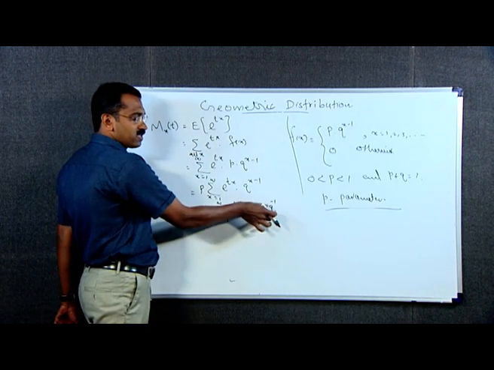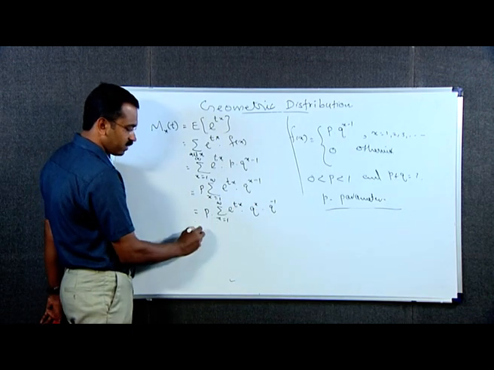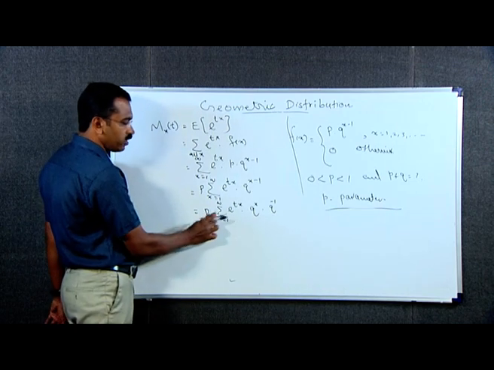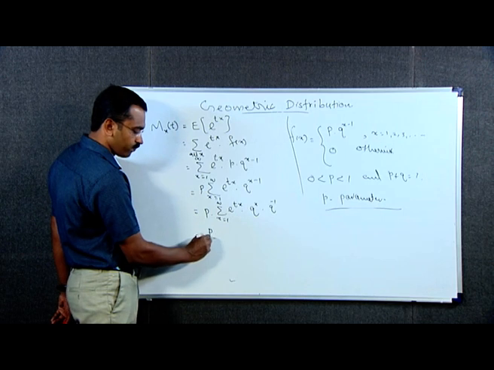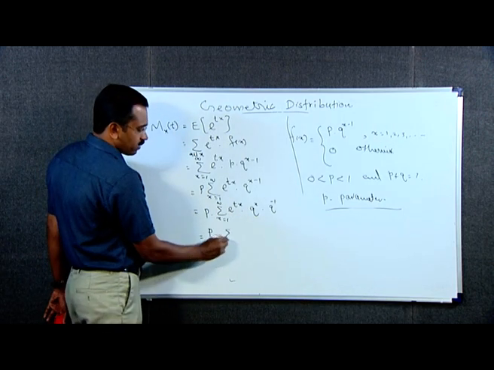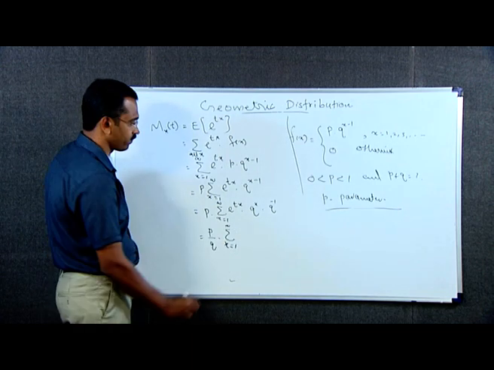Therefore, this q raised to minus 1 is independent of x. That term can be taken outside of this summation. We get p into q raised to minus 1, that is p by q, into summation x varies from 1 to infinity.